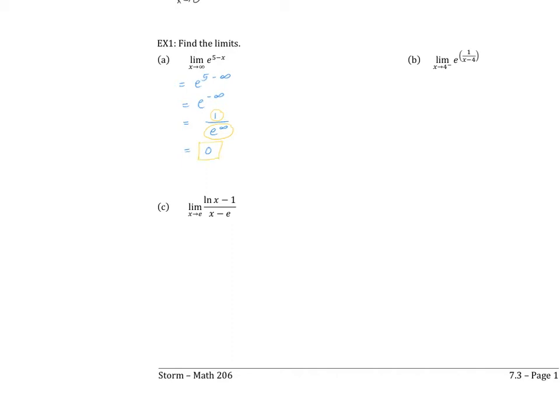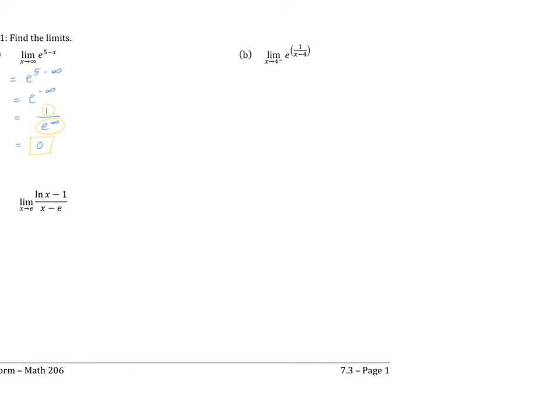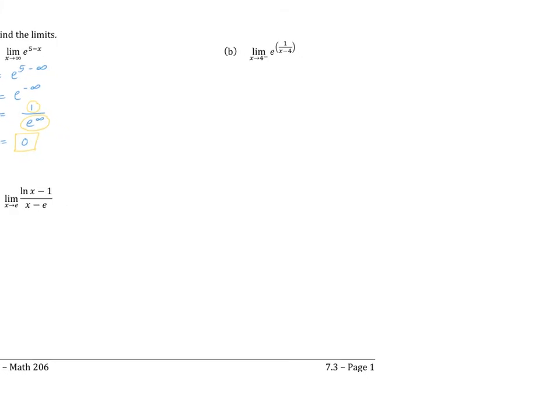Okay, so let's look at example B. When we take the limit as we approach 4 from the left, that's going to be equal to e to the 1 over 0.